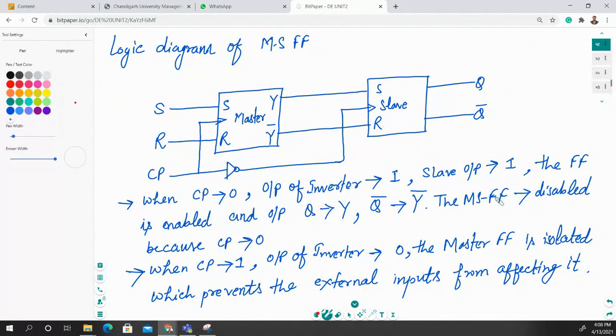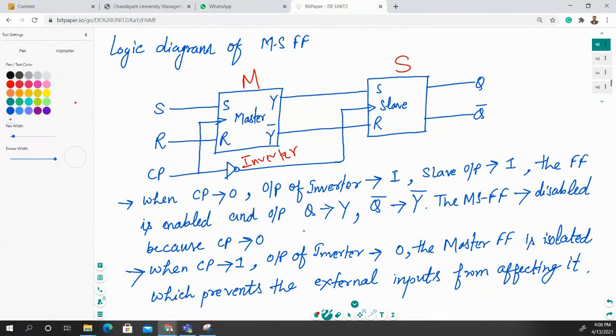After this, we have to design the logic diagram for this master and slave type of flip flop. You can see right here, these are the inputs S, R, and the clock pulse. I have told you what we have to use in this master slave type configuration: you have to use the master, the slave, and the inverter.